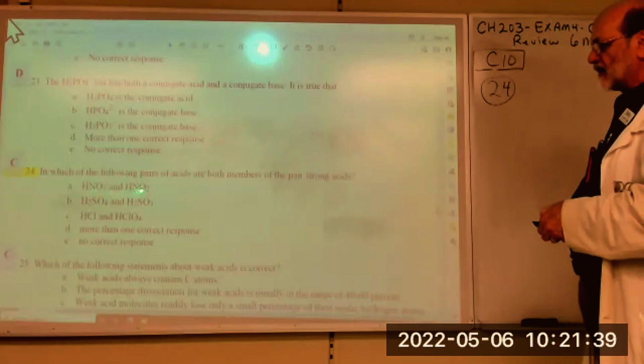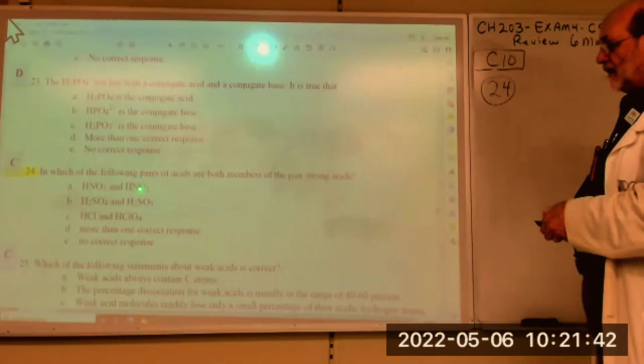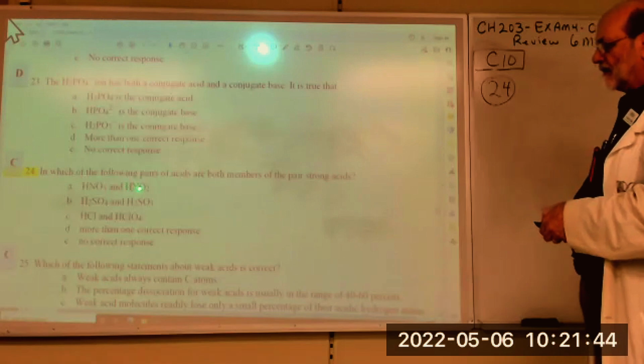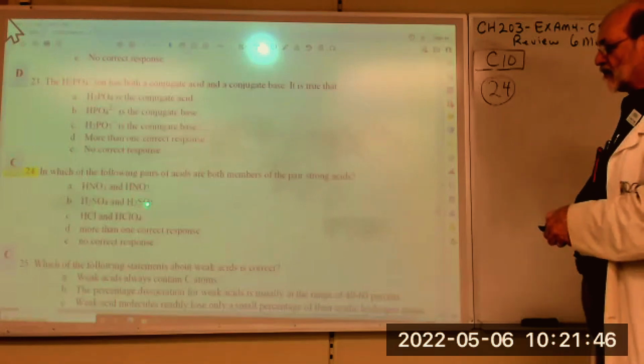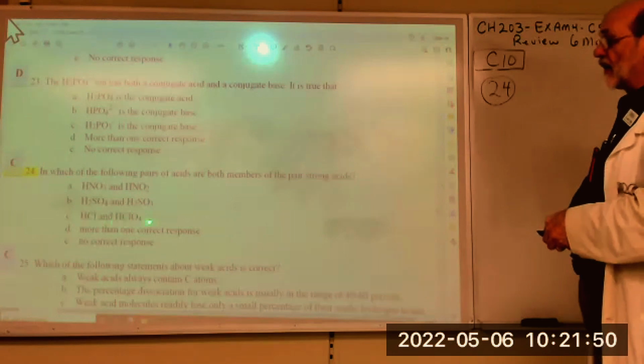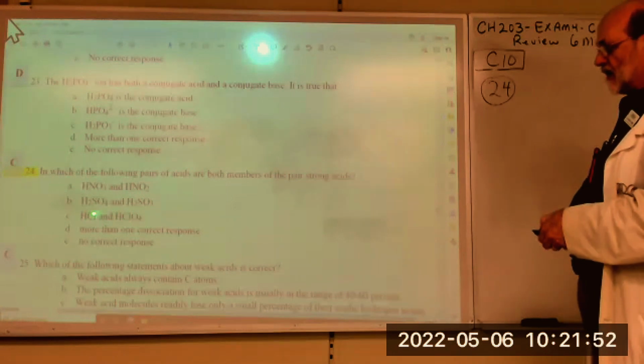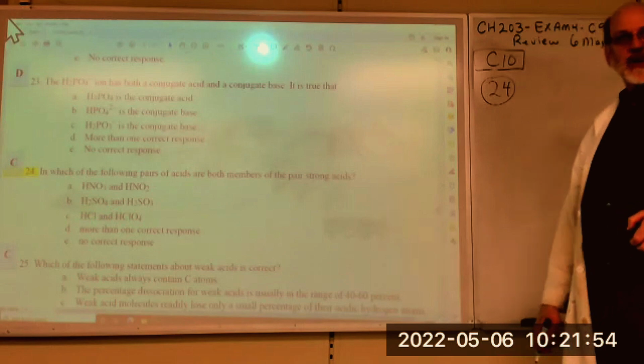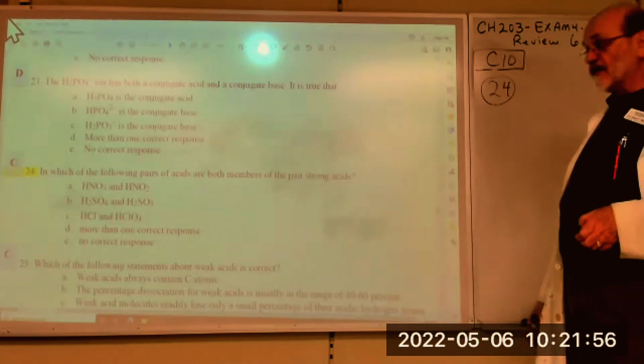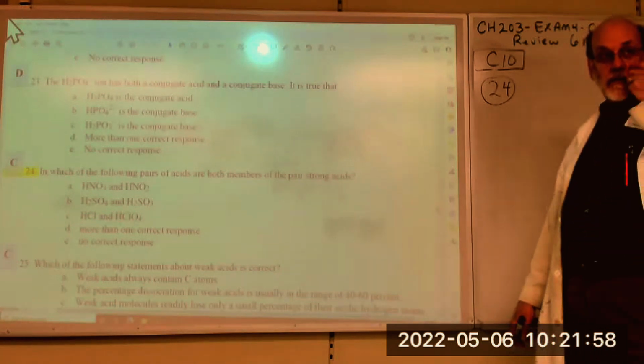That's a strong acid, but that's not. Right? Nitrous acid is a weak acid. That's a strong acid. That's a weak acid. Strong acid. There you go. See, hydrochloric acid and perchloric acid. In fact, perchloric acid is stronger than hydrochloric acid.